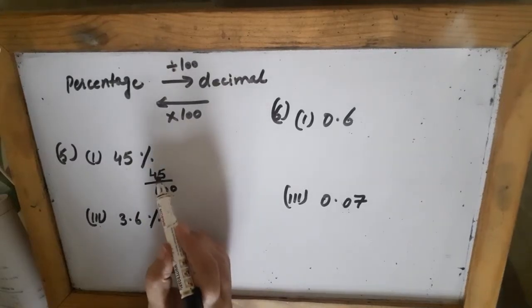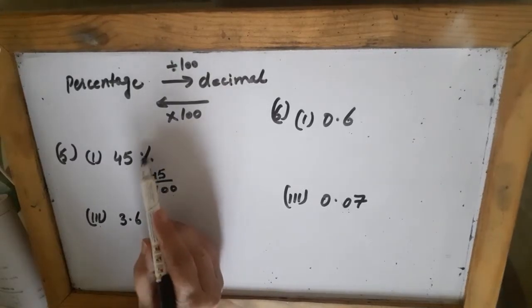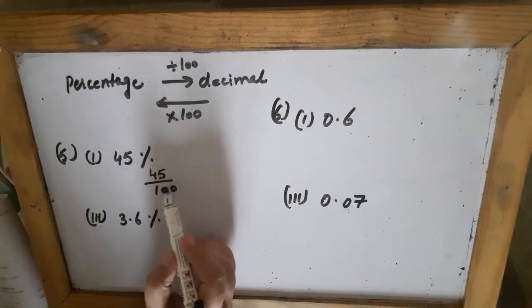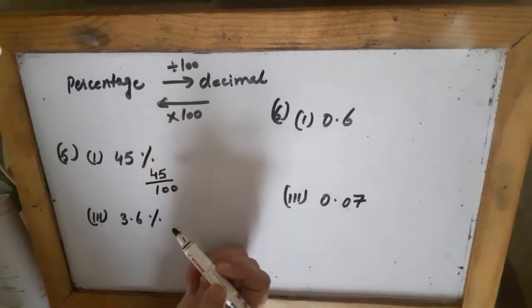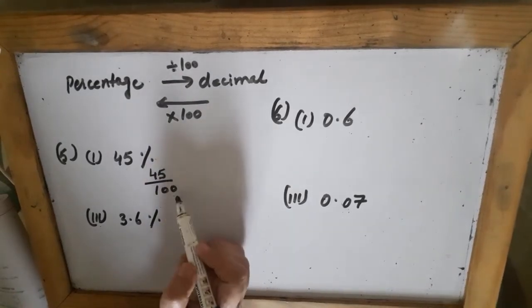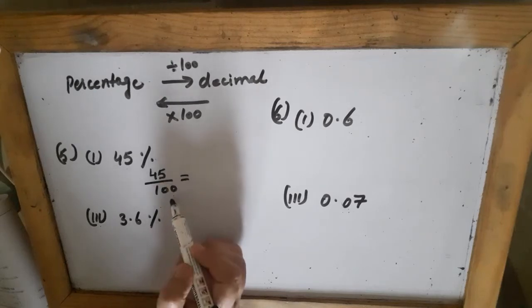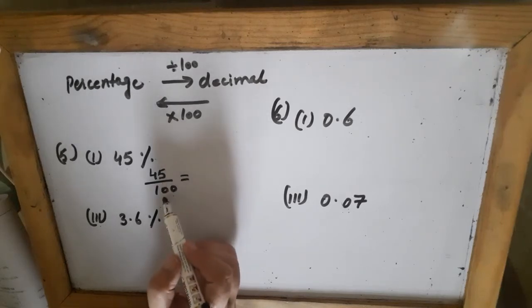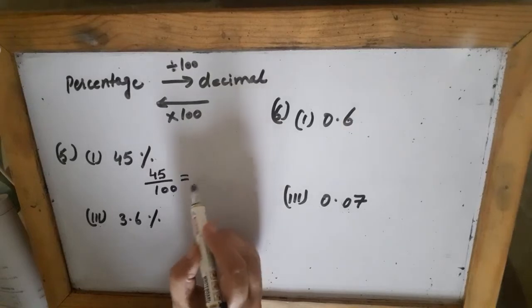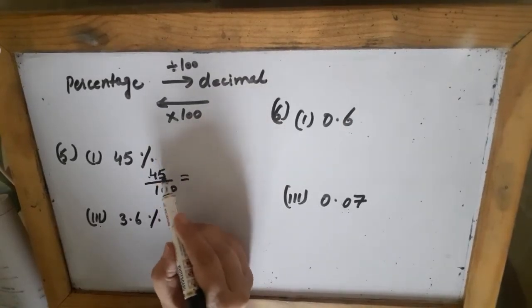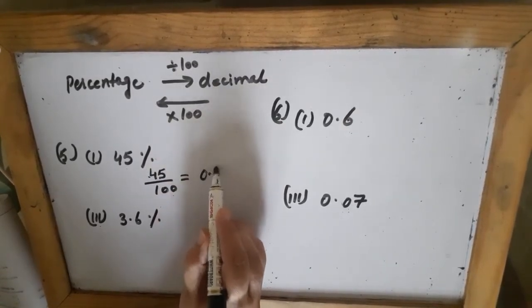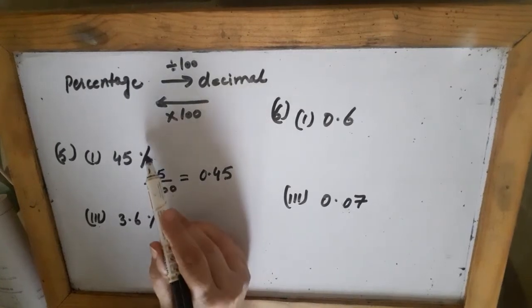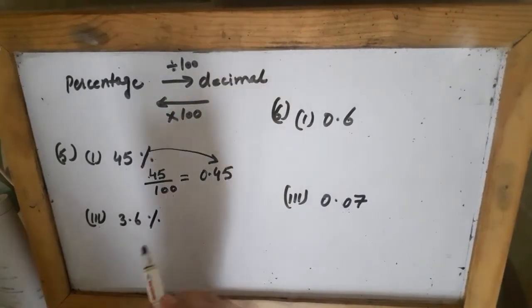So this becomes 45 upon 100. The percentage sign gets removed and in its place I write 100 as a denominator. So in order to change this into a decimal, now what will I do? You have 100, so the point will come after 2 places, so this will be 0.45. So I have converted the percentage into a decimal.